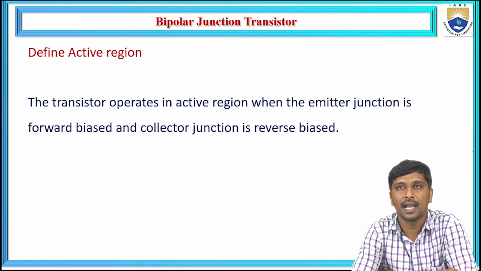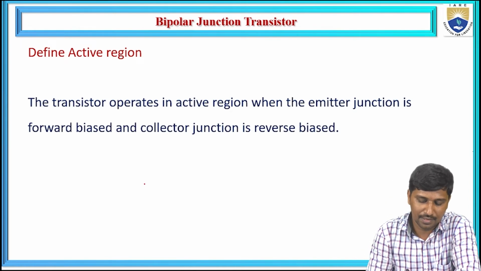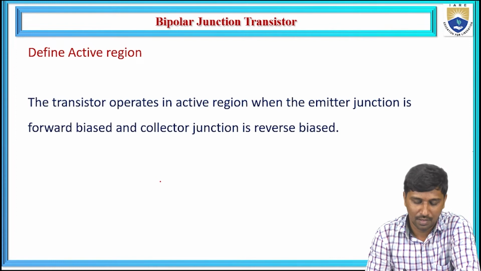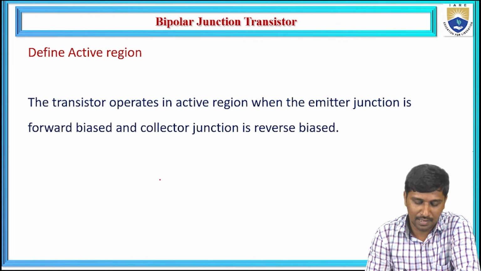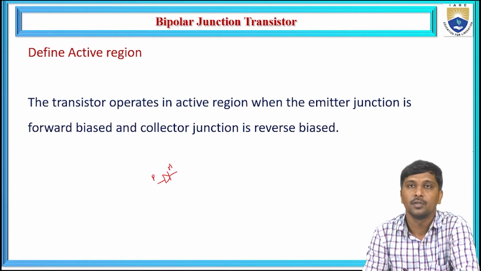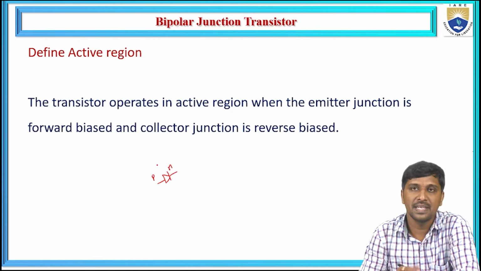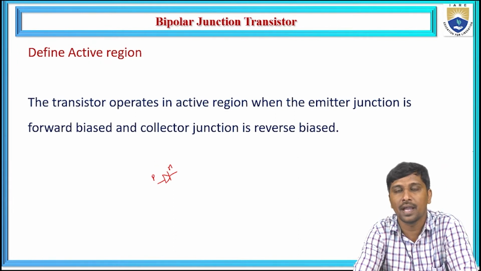Now define active region. Generally, if you are taking the transistor, based on the transistor construction, let's take a normal PN junction. Two PN junction diodes are interconnected back to back.